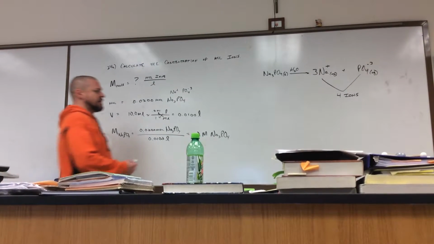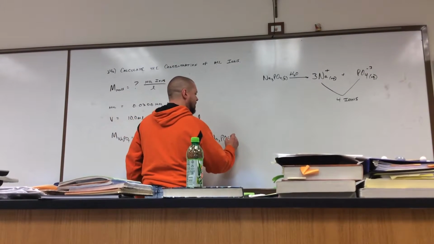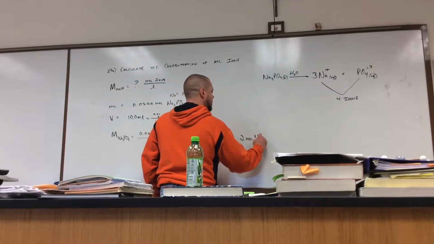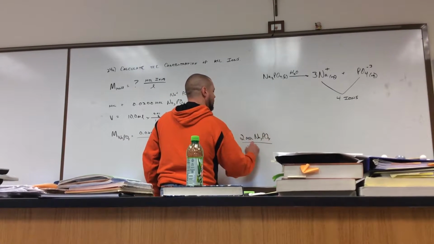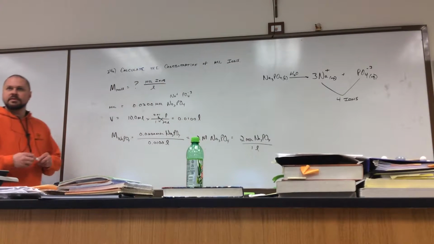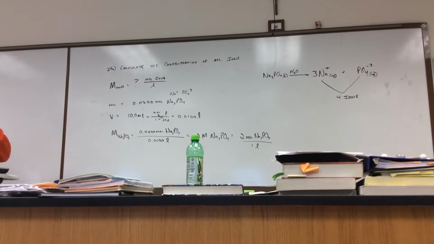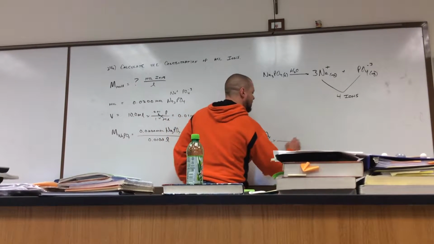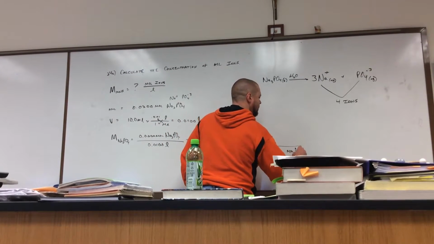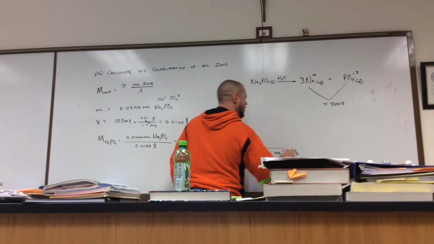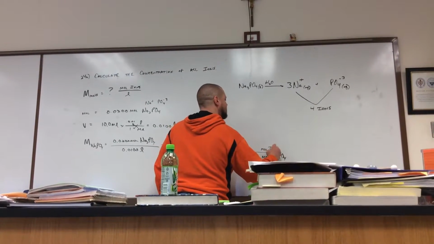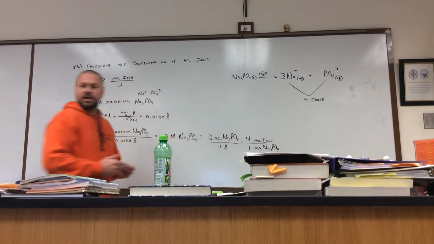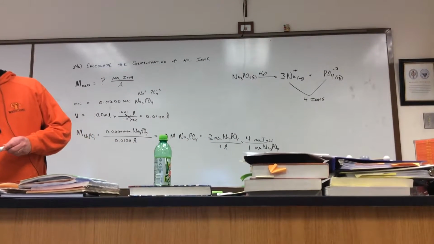Okay, now 2 molar Na3PO4. Isn't that the same thing as saying 2 moles of Na3PO4 per 1 liter? Same thing, right? I'm just expanding the M. And the reason I'm expanding it is because now I can get rid of moles of Na3PO4 and turn it into moles of ions. And we said there's 4 moles of ions for every 1 Na3PO4.